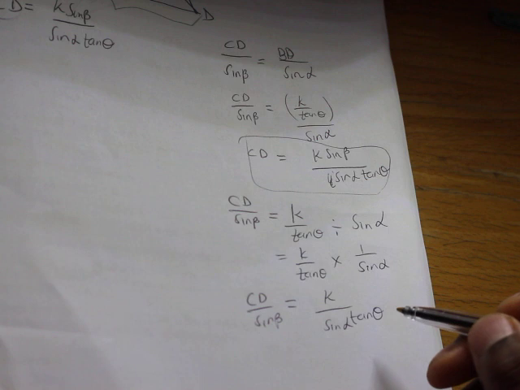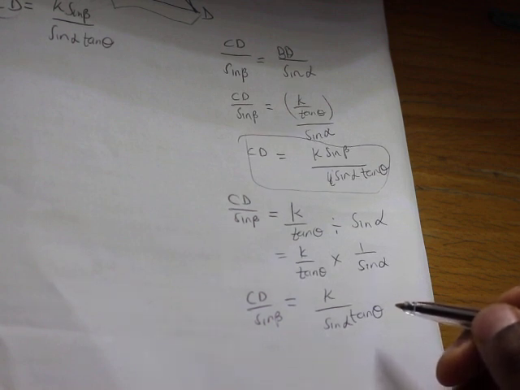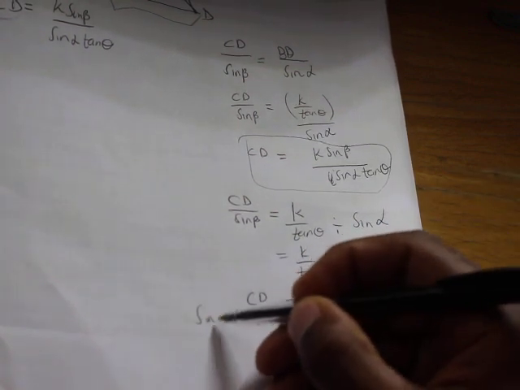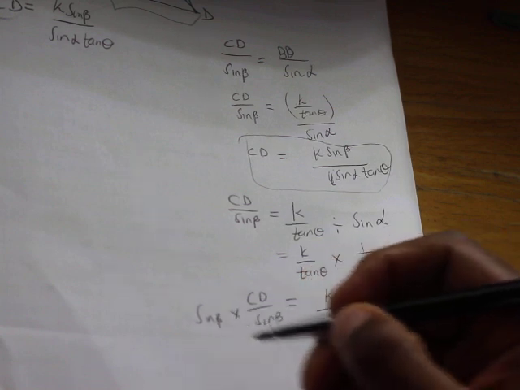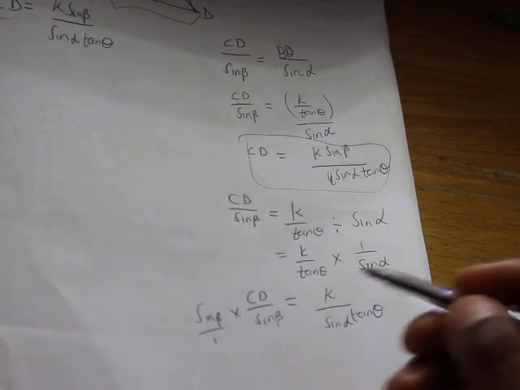We are looking for CD, not CD over the sine of beta. That's why we need to multiply by the reciprocal of 1 over sine B, or the multiplicative inverse. So we multiply both sides by sine B over 1.